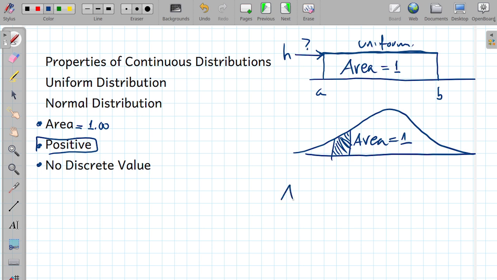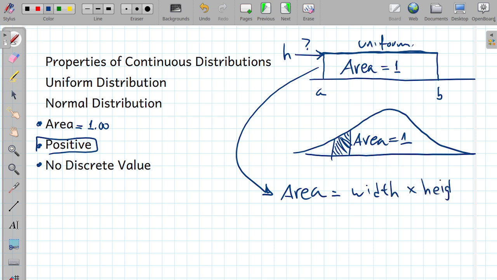So the area for the uniform distribution is going to be the width of whatever interval you're interested in times the height. We don't know the height, but we know everything else. Area has got to be exactly 1, and the width is going to be b minus a times height.